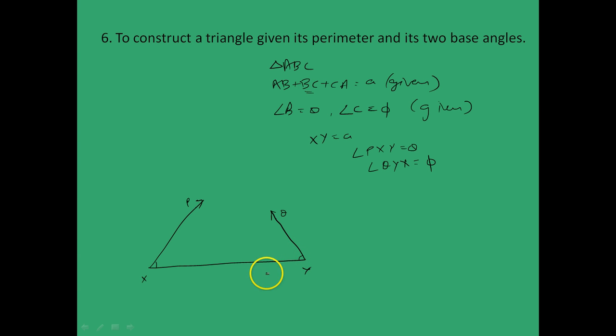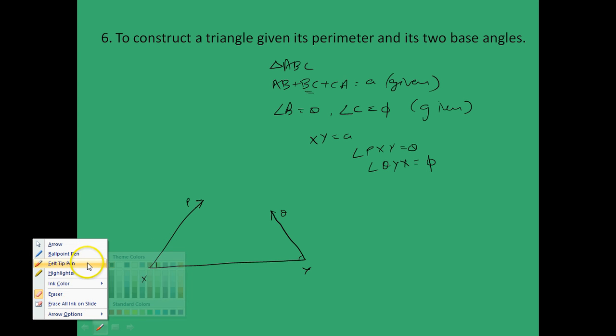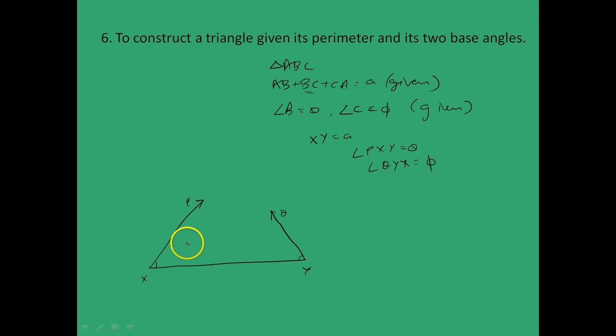This angle is phi. Next, with the construction discussed in the first construction, bisect angle PXY. The angle is kind of small, so let's just draw this again. We have to draw the angle bisector of angle PXY.